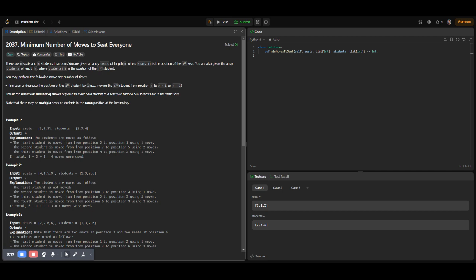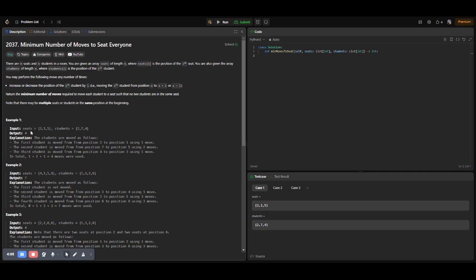So what we have to do in this problem: you may perform the following move any number of times. Increase or decrease the position of the ith student by 1, that is, moving the ith student from position x to x plus 1 or x minus 1. We can move a student any number of times, not only one time, to seat the student at the correct position.